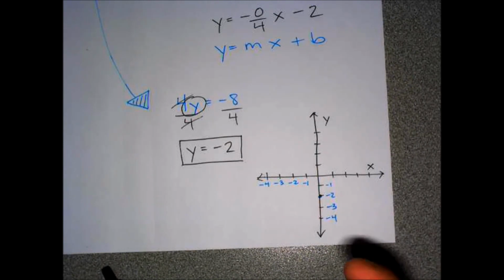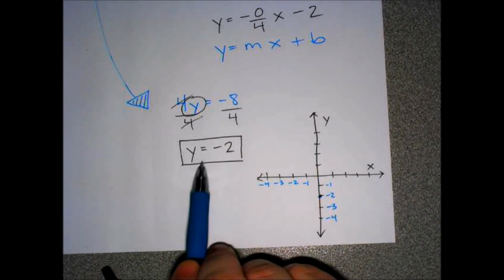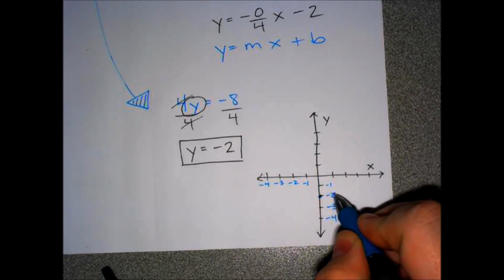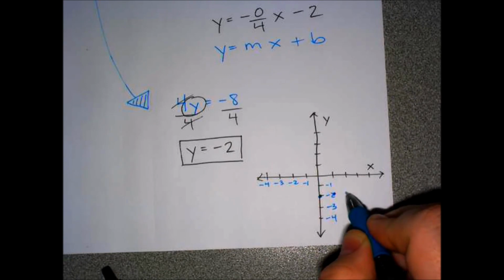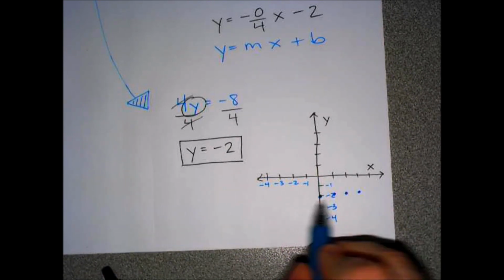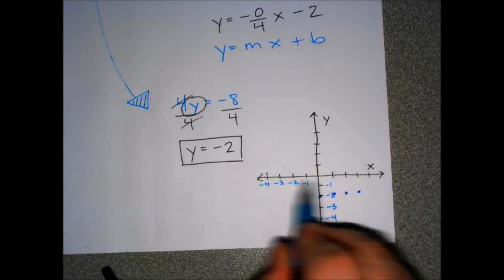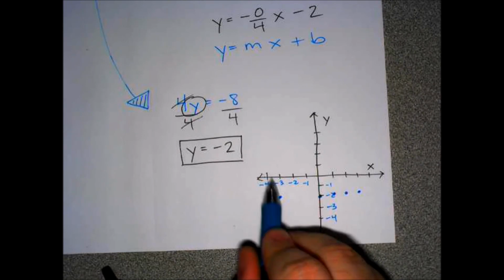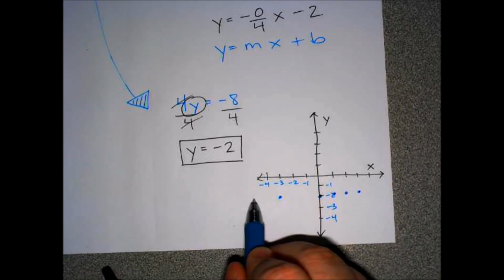Now, what you have to do is realize that no matter what x is, y is -2. That means when x is 1, y is -2. When x is 2, y is -2. When x is 3, y is -2. No matter what x value it is, even if x is -3, y is -2. So no matter what x value, y is always -2.